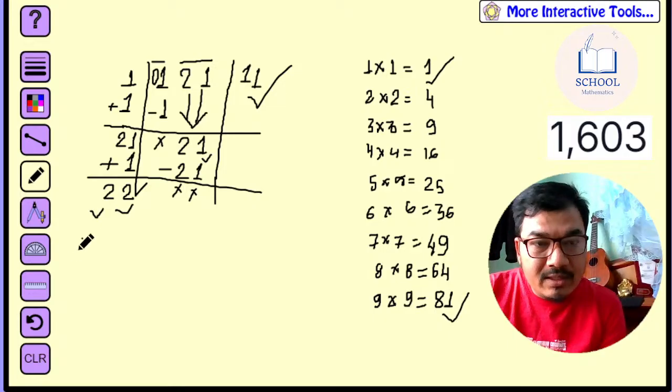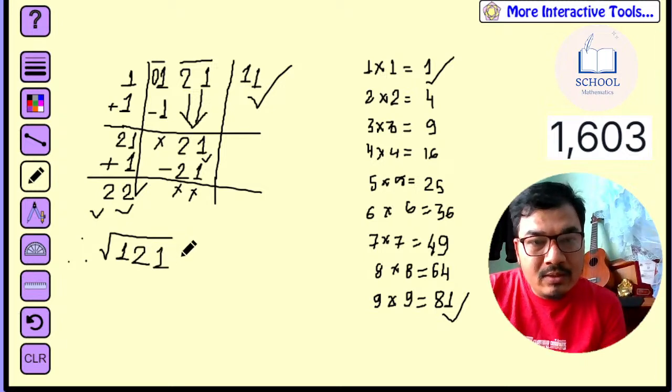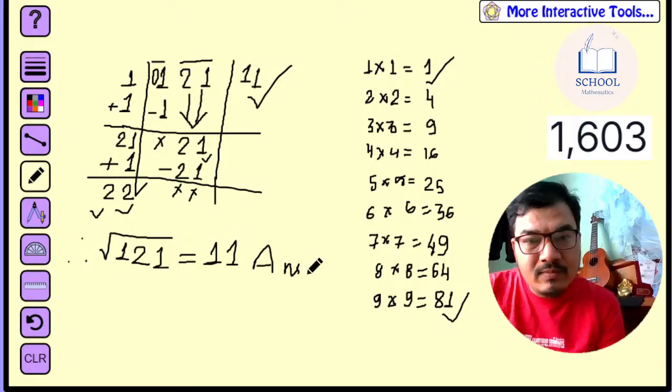Therefore, the square root of 121, its answer we have got is 11. 11 is the square root of 121. This is our required answer for this question.